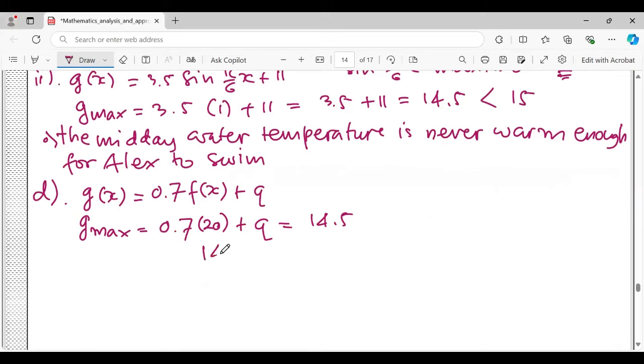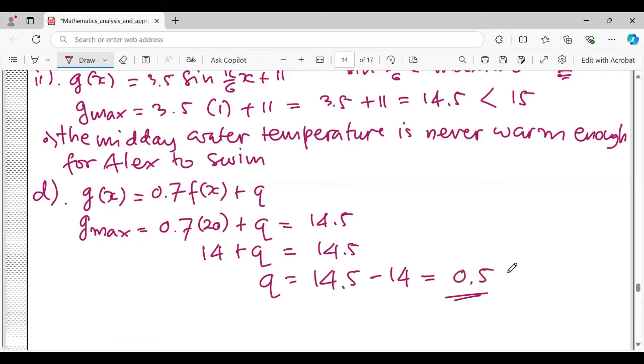So it becomes 14 plus q equals 14.5. So q equals 14.5 minus 14. It is 0.5. This is the value of q.